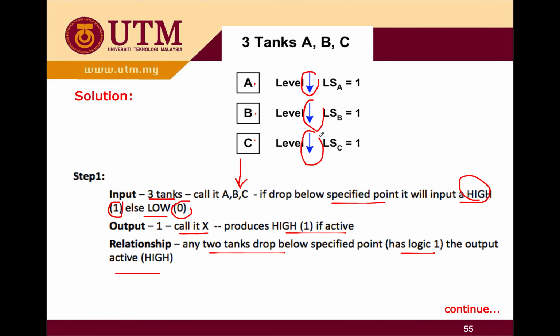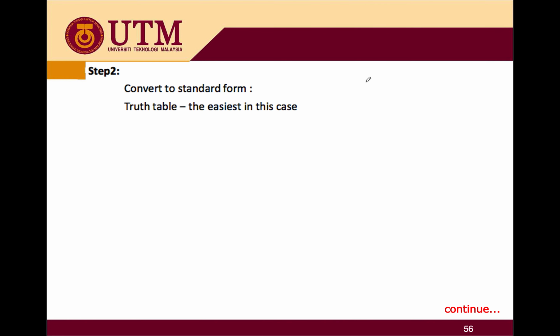If the level is low, then the sensor will be high, meaning it dropped below the specific point. So then convert to standard form.